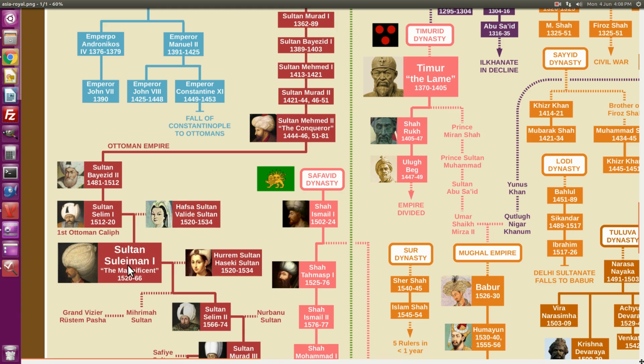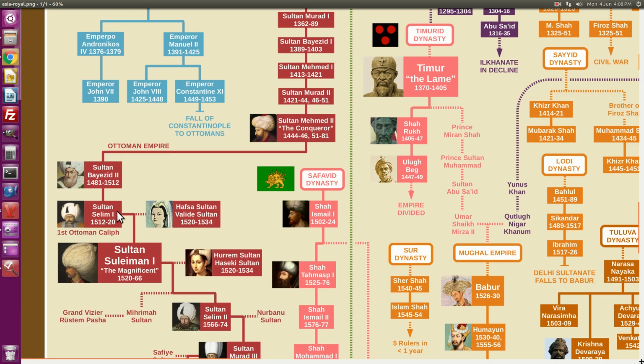And so all of the sultans after this point are both sultan and caliph. And they can also be known as emperors, because the Ottoman territory is now the Ottoman Empire, although it was actually known by several different names, but we usually refer to it as the Ottoman Empire.